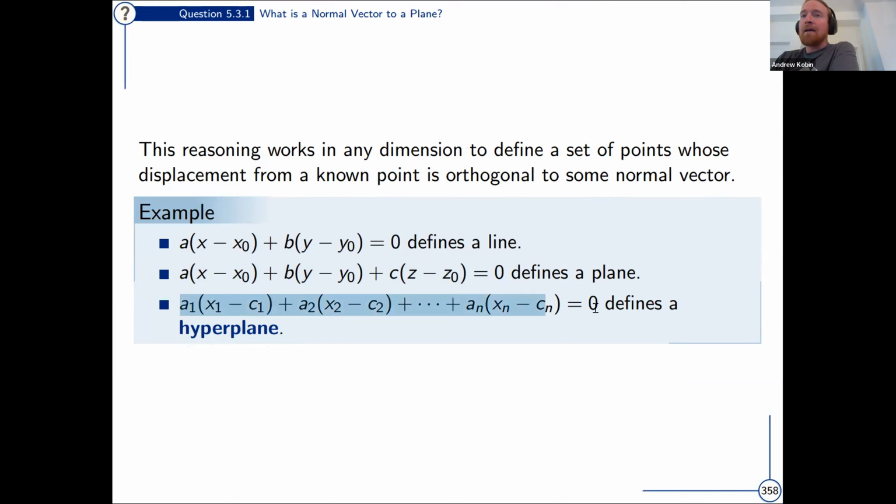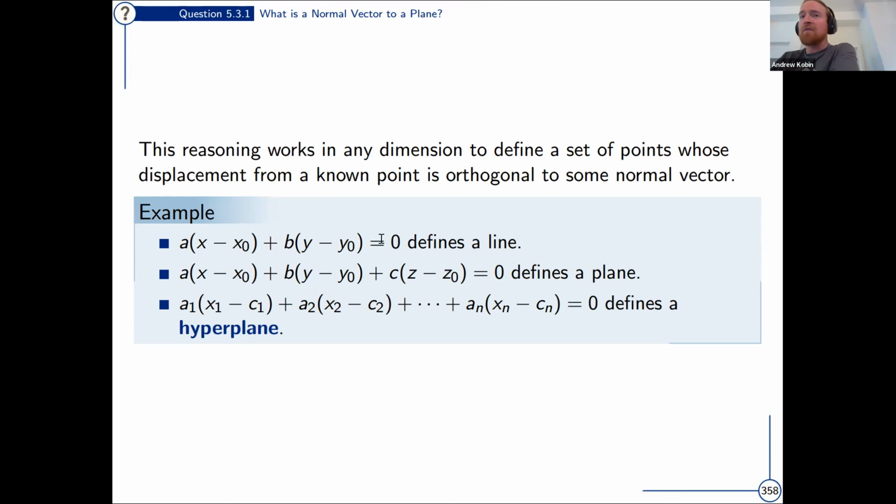And in a higher number of dimensions or high number of variables, we have something that looks like constant times x1 coordinate minus coordinate of some known point plus constant times the same thing for the second coordinate up to however many coordinates we have, and set that equal to 0. This defines something called a hyperplane, which is the analog of a line or a plane in higher numbers of variables.